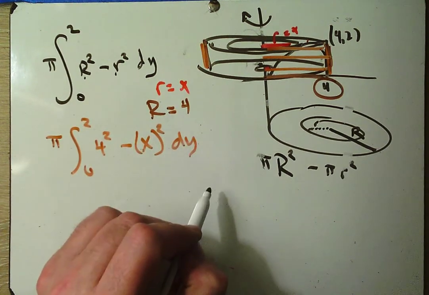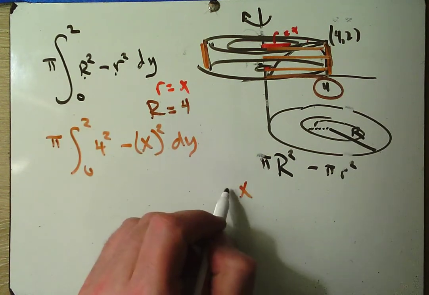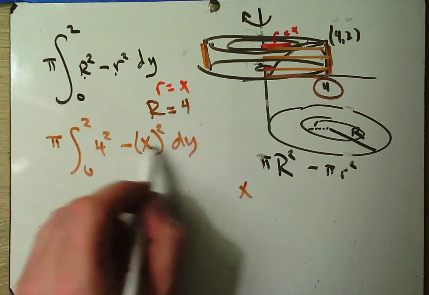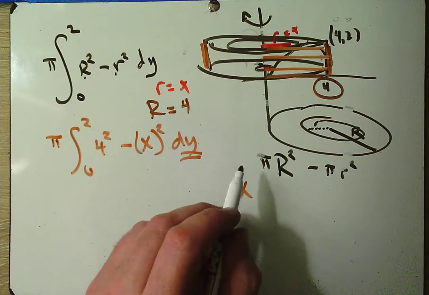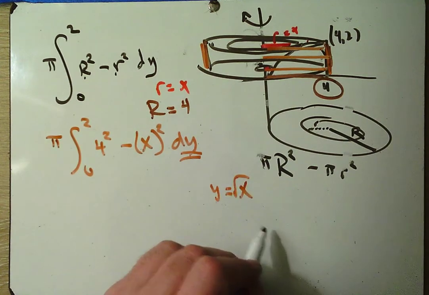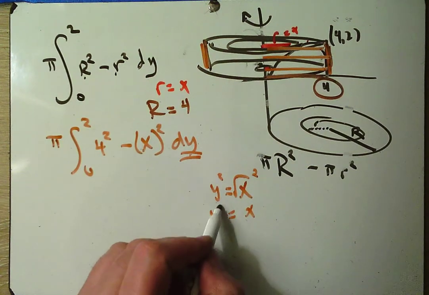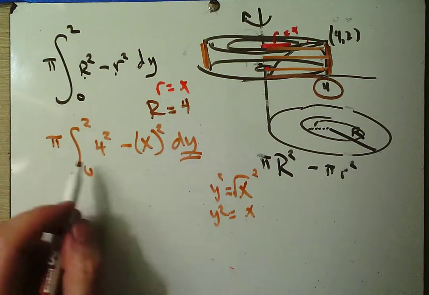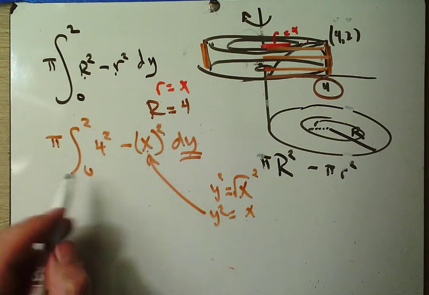dy. But wait a minute, I don't want to know what x equals. I want to know everything in terms of y. So we're using the region y equals square root of x. So if I square both sides, x equals y squared. So I'm putting a y squared in there and then squaring it.